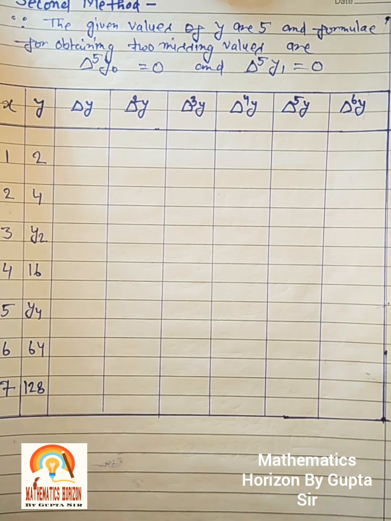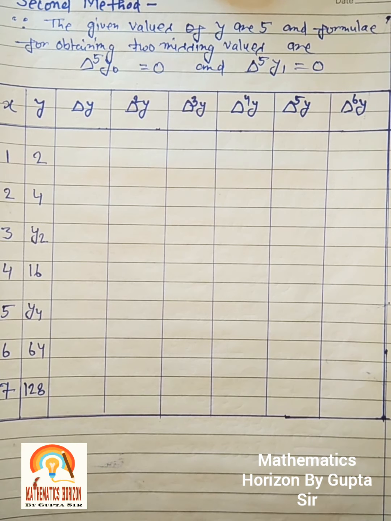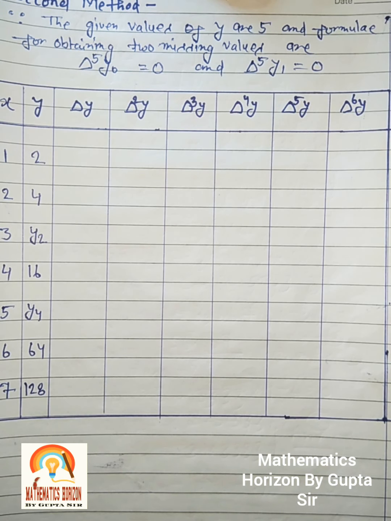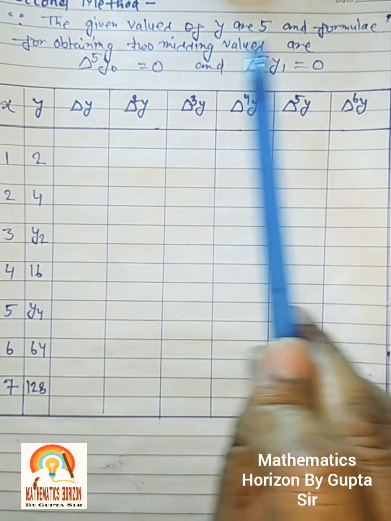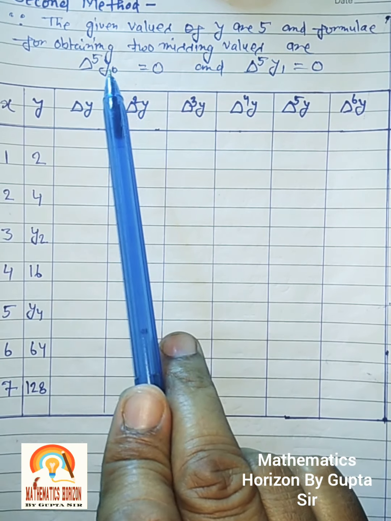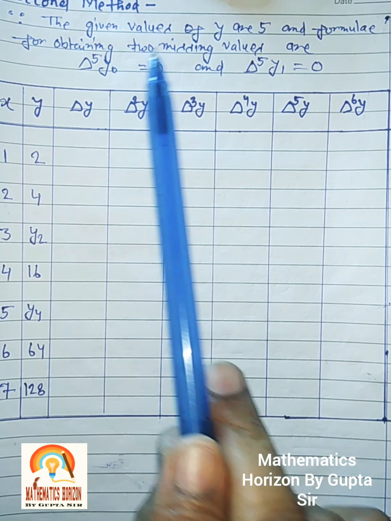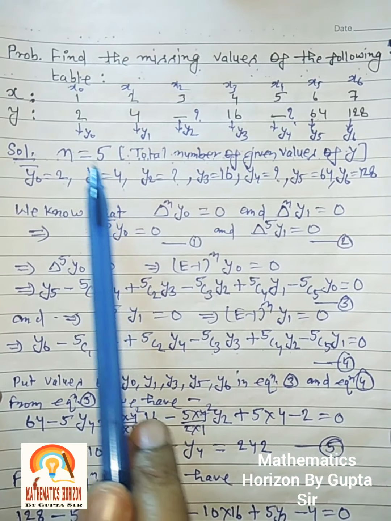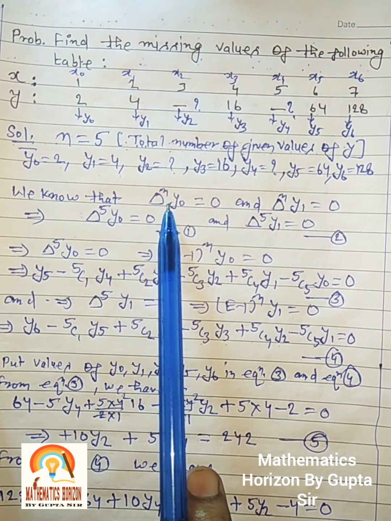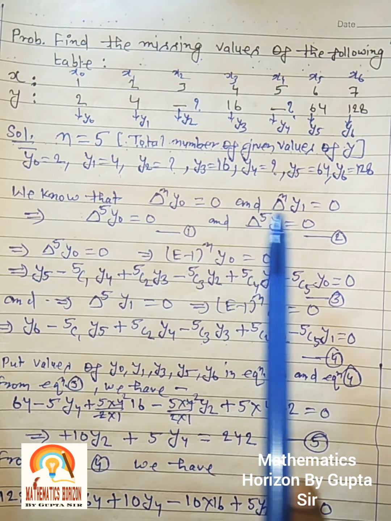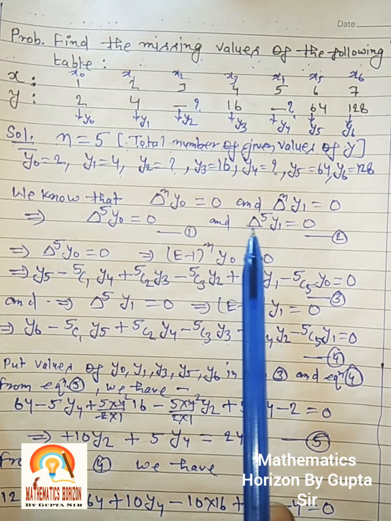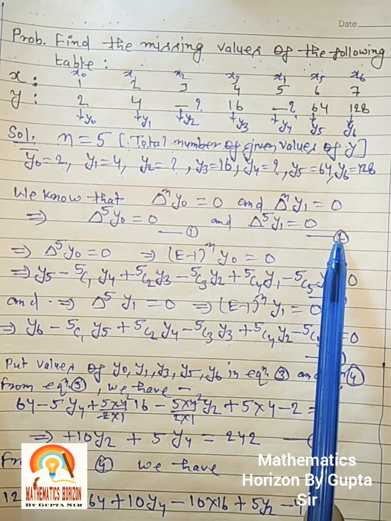We have this data, x equal to, here the second approach for the same problem. The given values of y are 5 and the formula for obtaining two missing values are del 5 y0 equal to 0 and del 5 y1 equal to 0.